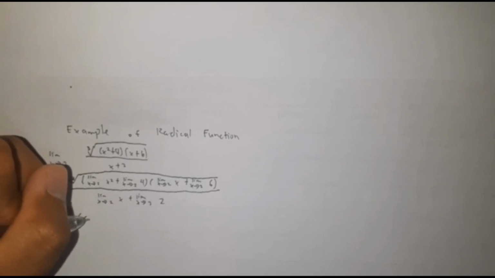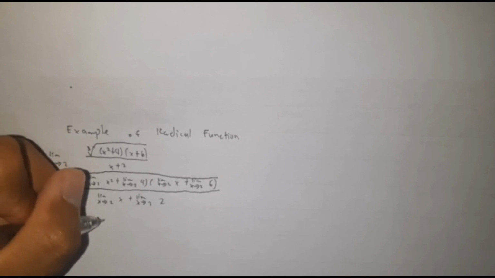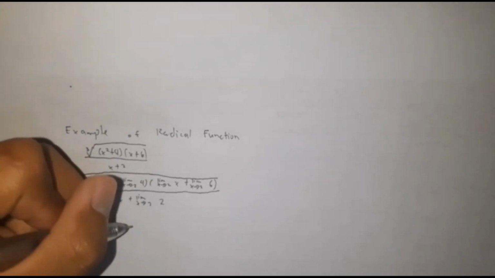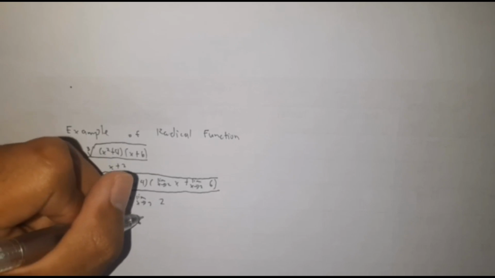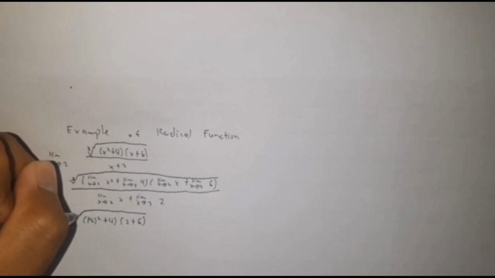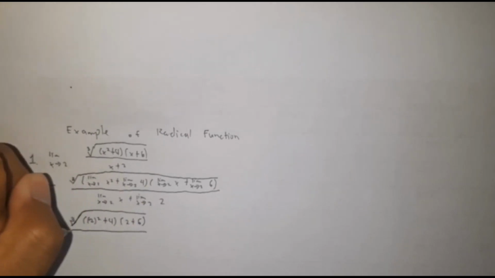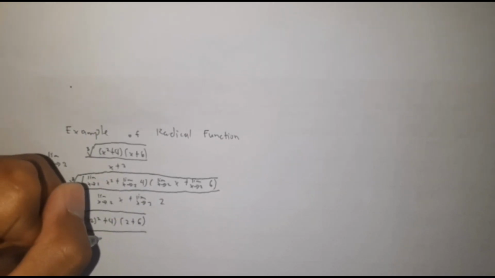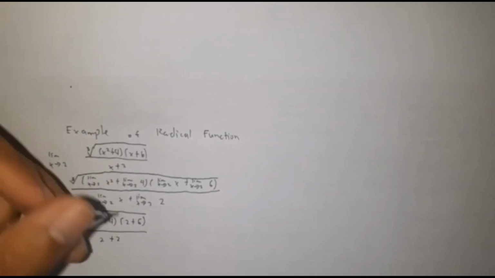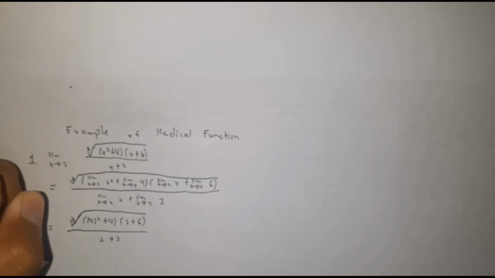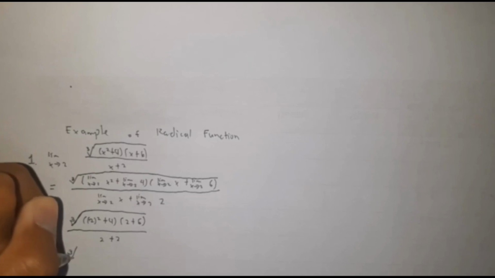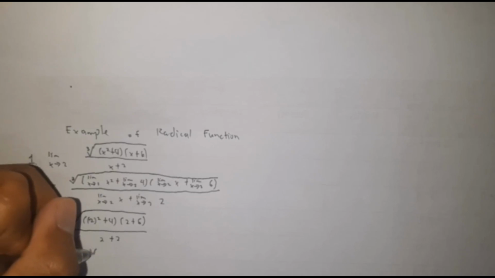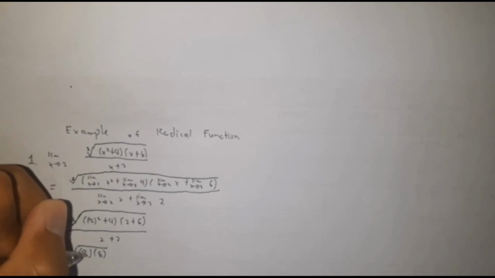By substituting the value of x into the equation, we come up with the cube root of (2 squared plus 4) times (2 plus 6) over (2 plus 2). 2 squared plus 4 is equal to 8, 2 plus 6 is also equal to 8, and 2 plus 2 is equal to 4.